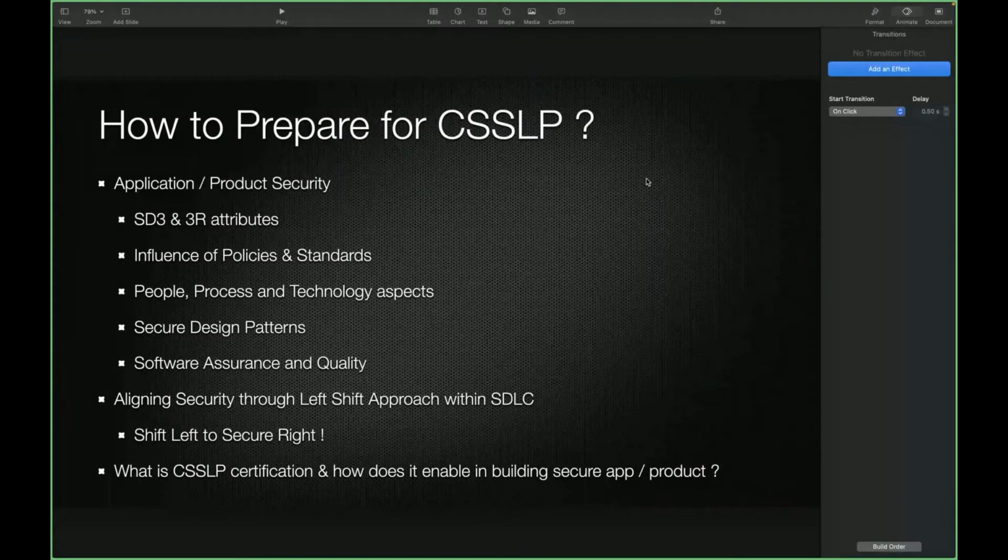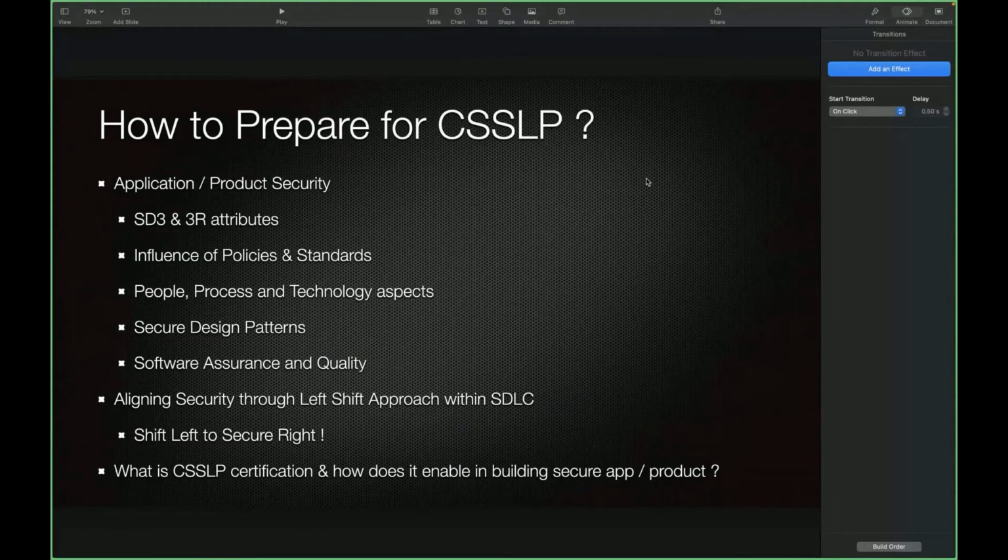It is all about software acceptance, where the requirements have been captured, and the software has been architected, designed, implemented, and tested for all the functionality, and it is working as expected. Once it is working as expected, that's where the management would go ahead and accredit the software or application to be deployed.